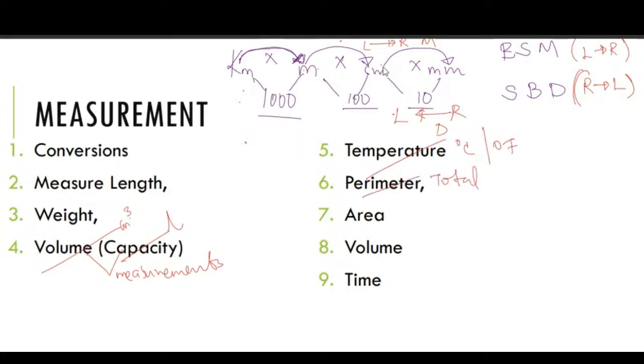That's what we should know. So, total distance around a given shape. Then area. Area is the surface. You can say surface enclosed in a perimeter. I don't know whether it makes sense. So we have such a shape.